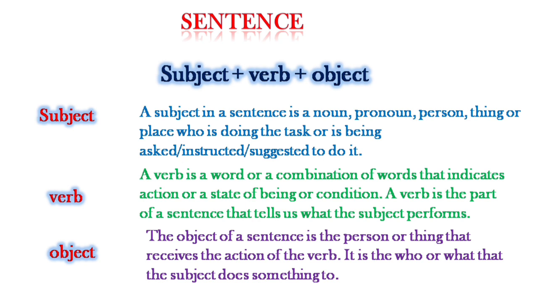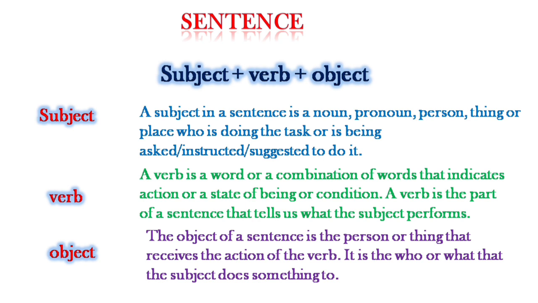Now verb means a word or a combination of words that indicates action or a state of being or condition. A verb is the part of a sentence that tells us what the subject performs. Here, verb is an action word or maybe a linking or auxiliary verb.